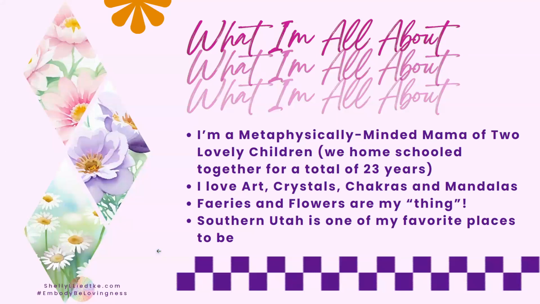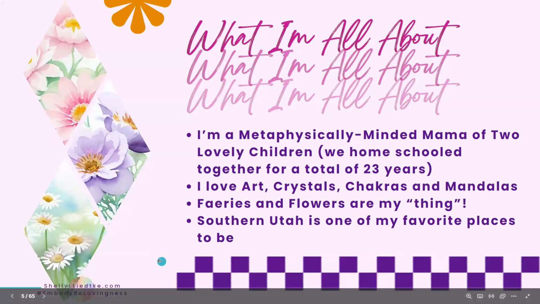I love art, crystals, chakras, mandalas. I do Zentangle, Neurographica art. I love fairies and flowers. I have fairies and everything in my office, tons of crystals. And my most favorite place for vacationing is Southern Utah. I love Red Rock Country, especially Zion.